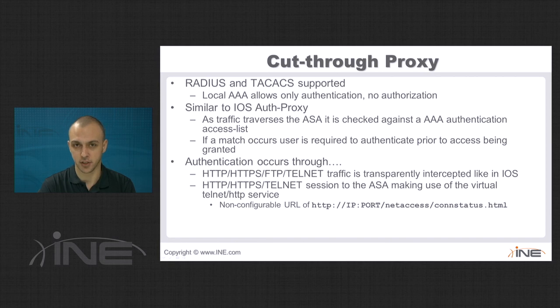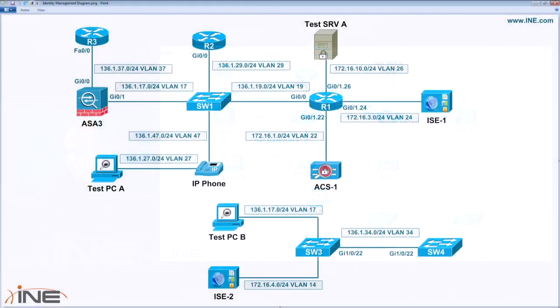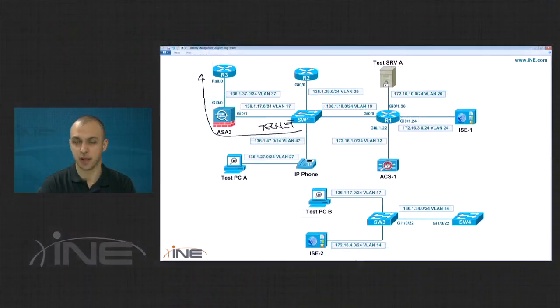So if we look at our diagram here, I want to say that switch 1 is my client, and I have two options. Either switch 1 will initiate a session to R3, and let's say this is a telnet session, and based on the config of ASA3, ASA3 will intercept that session and force the user to authenticate.